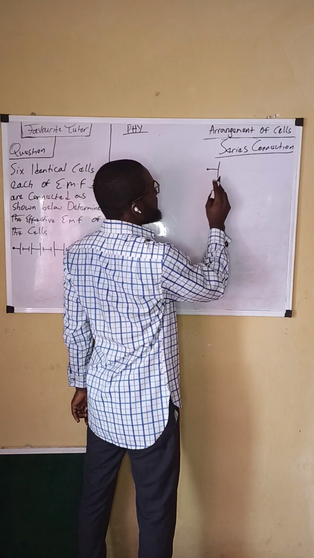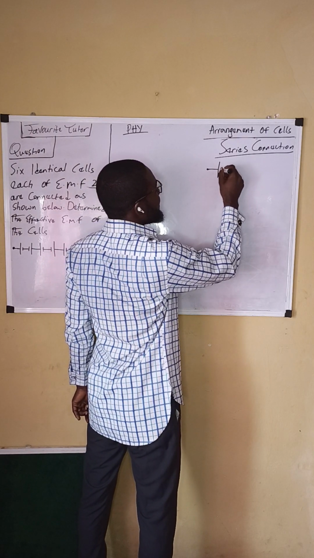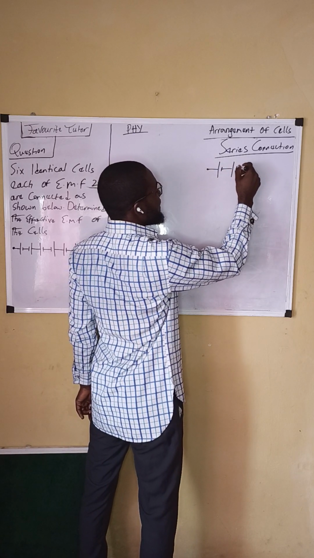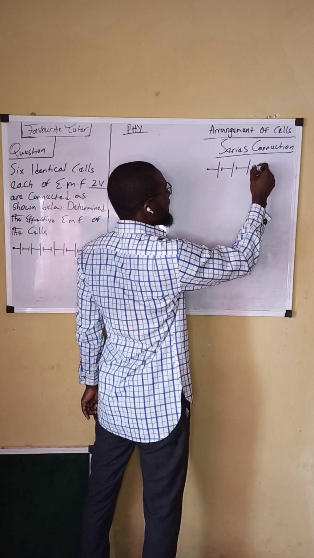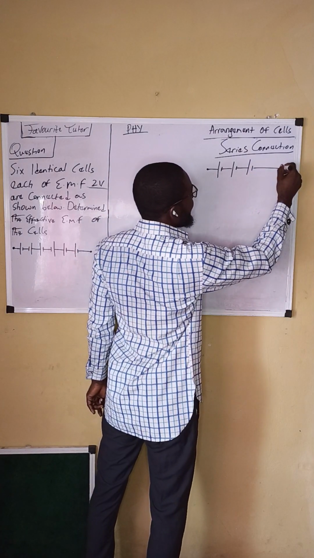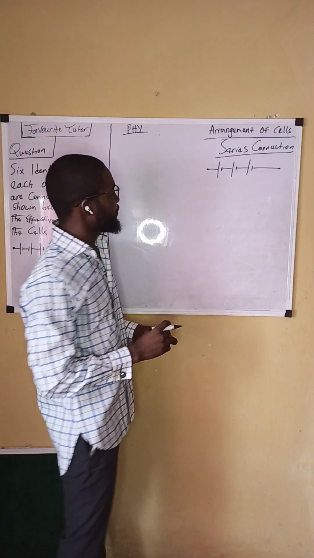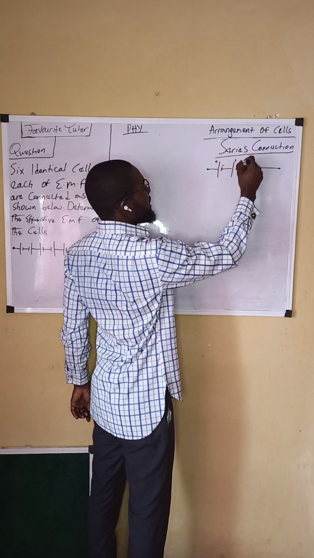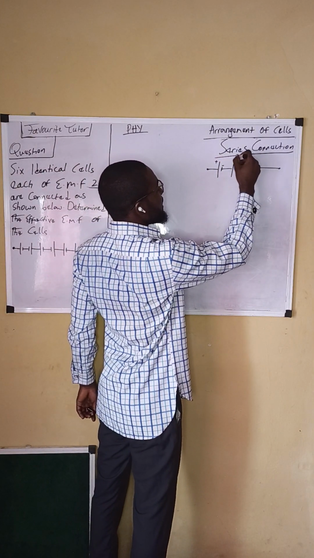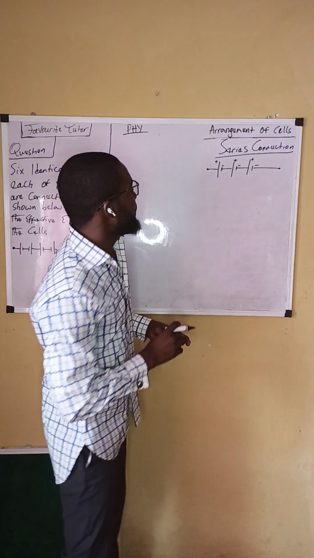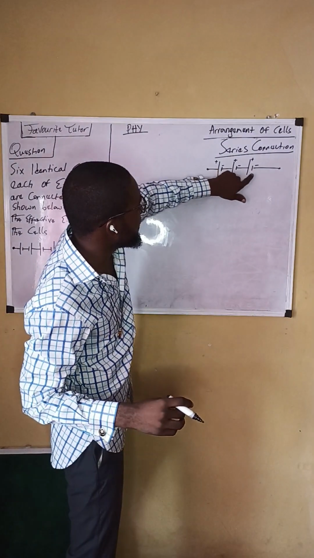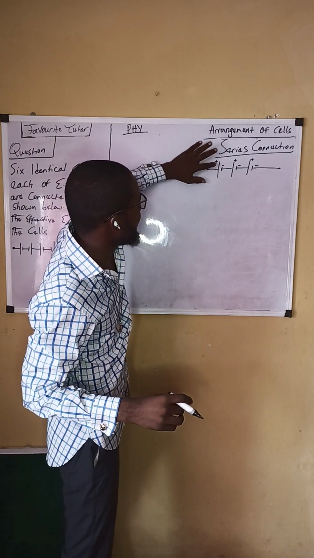This is a cell, this is a cell, this is a cell, another cell. Now, we have the positive terminal, negative terminal, positive terminal, negative terminal, positive terminal, negative terminal. We can see that this is the first battery, second battery, third battery.